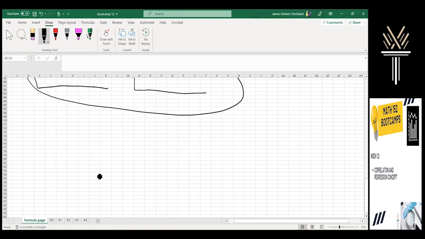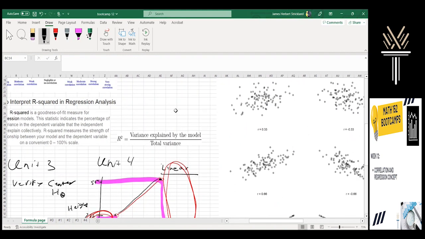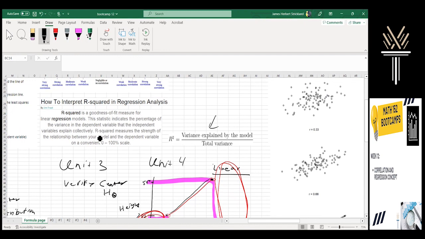The second thing is our R² calculation, which we'll learn today how to do. I give you the name of it and the definition right here. This is the actual official calculation, but over to the left you can see the description of it. The big idea here is R squared is a calculation of variance. It essentially tells us how well that line matches how the data is changing.